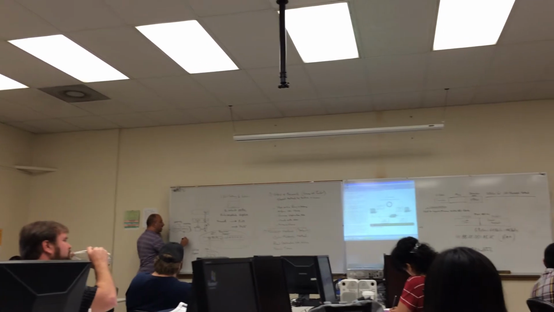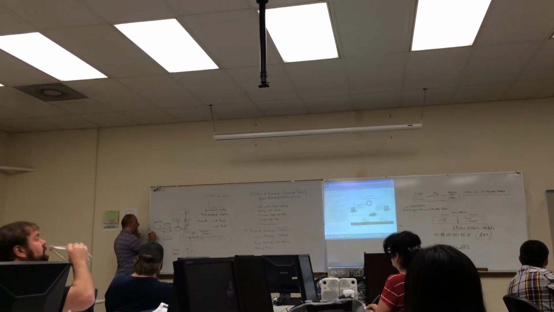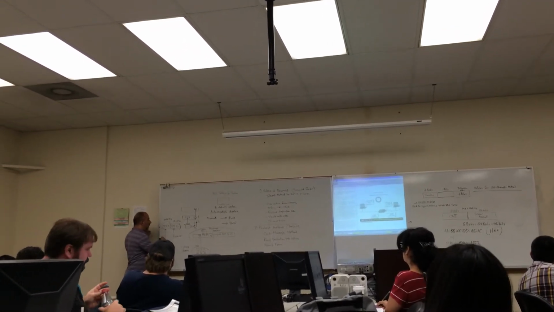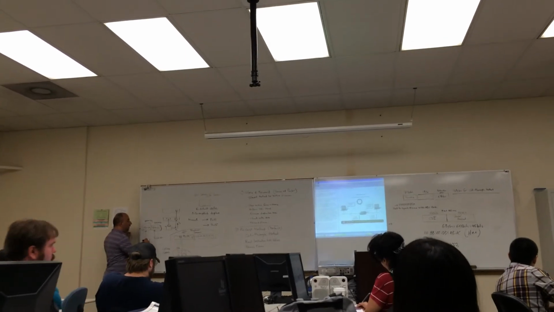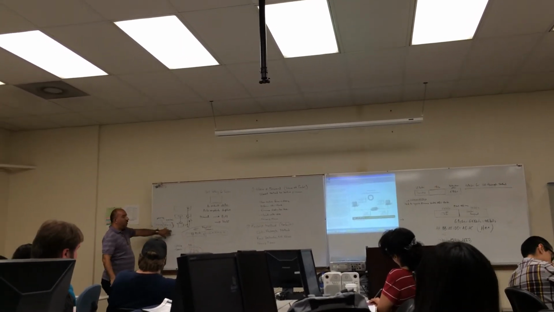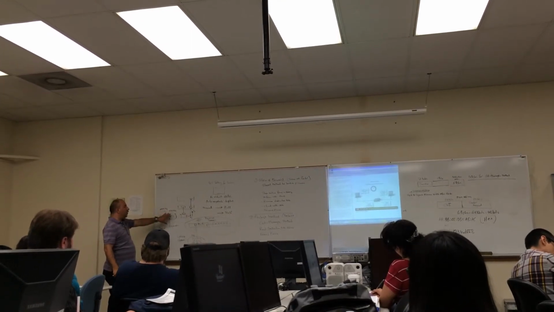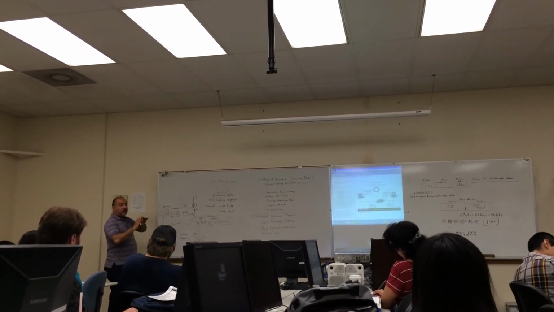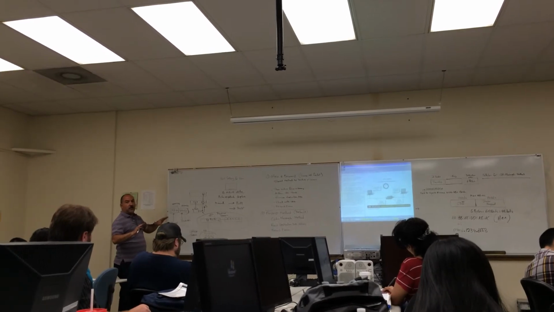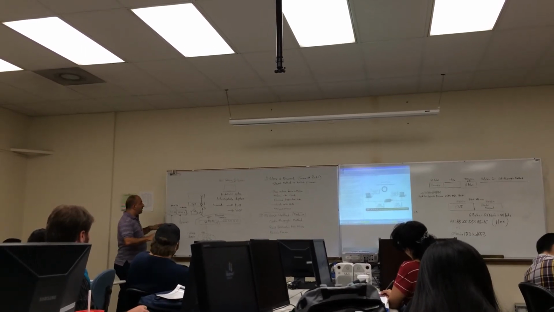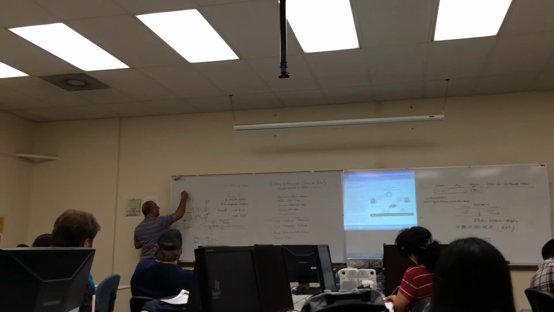This is a broadcast domain, and here is another broadcast domain. So once we start working with VLANs, VLANs are going to split traffic like a router. A router is the only one that can.